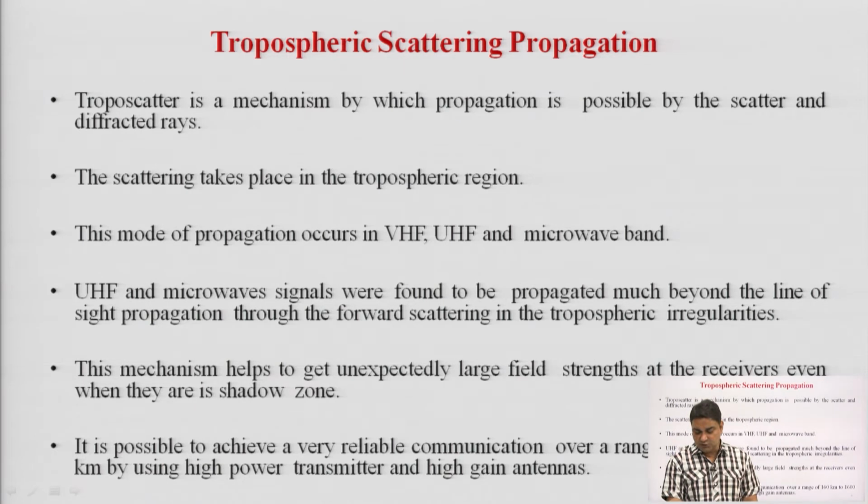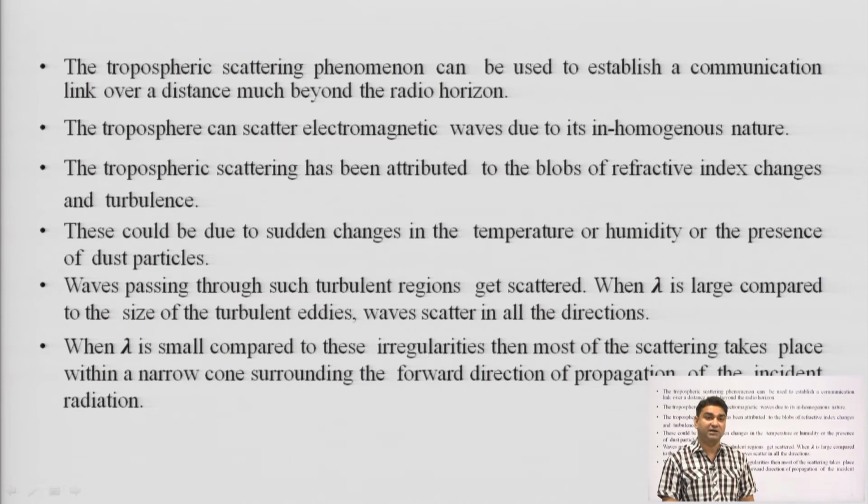It is possible to achieve very reliable communication over a range of 160 kilometers to 1600 kilometers by using a high power transmitter and high gain antennas. We can utilize this with the help of high gain antennas, and the transmitted power should also be very high.